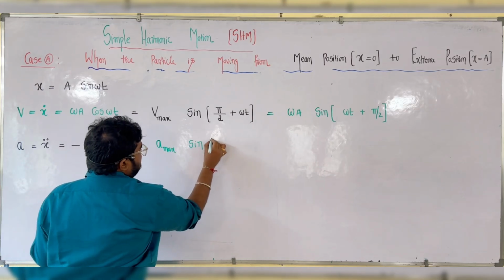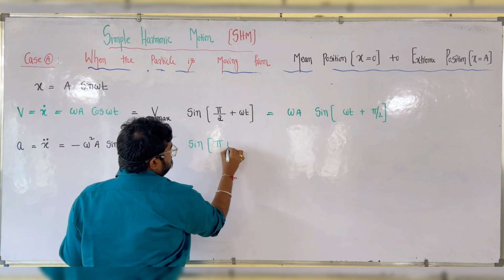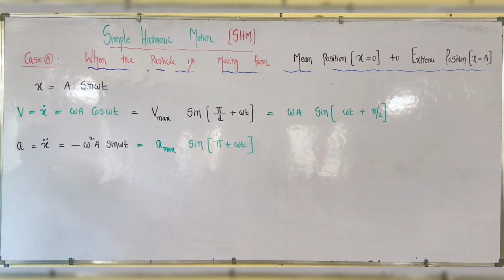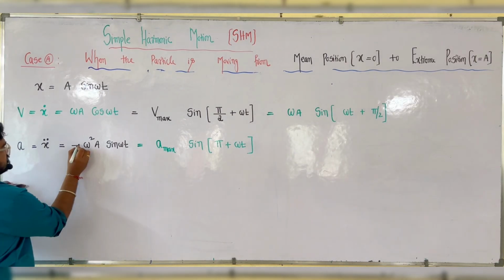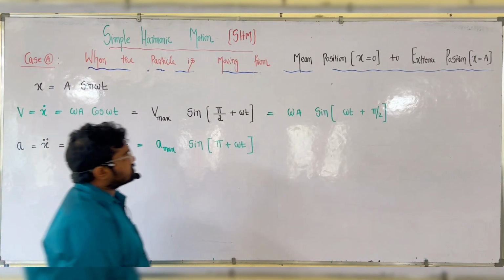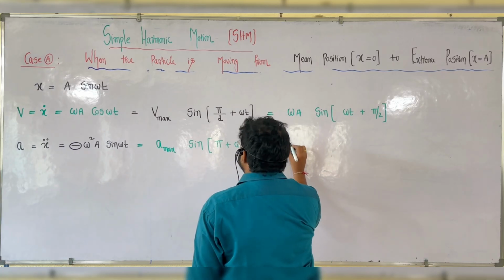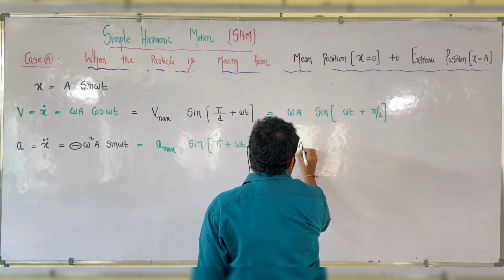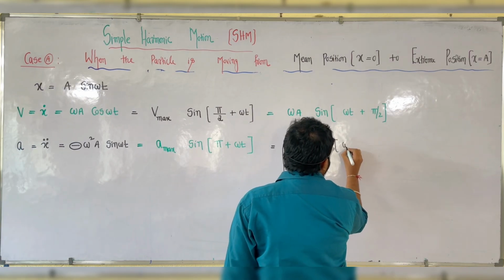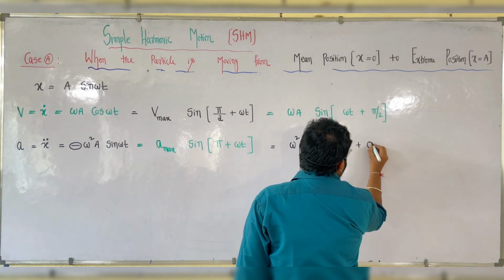We can write it as pi plus omega t. Third quadrant, sign is negative, so this negative also should satisfy. Minus sin omega t is sin of pi plus omega t. This is omega square a into sin of omega t plus pi.